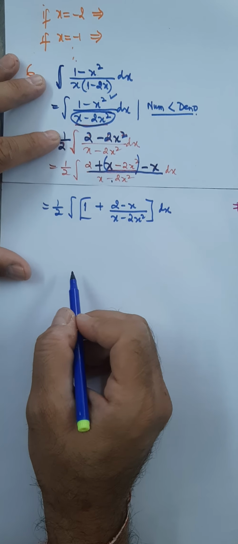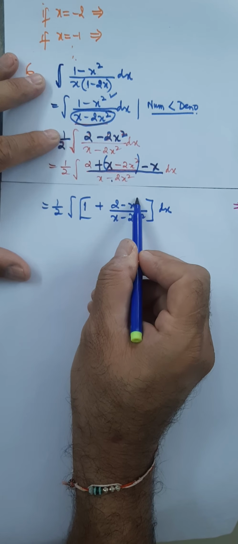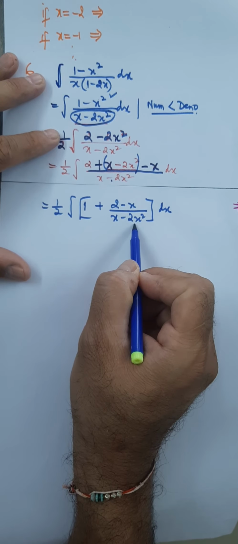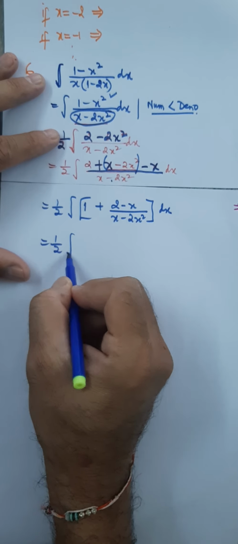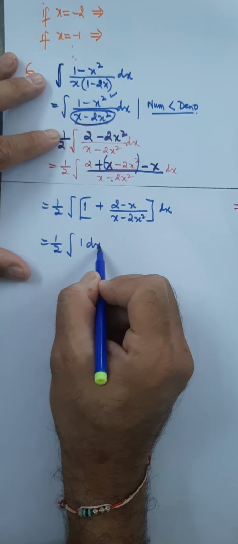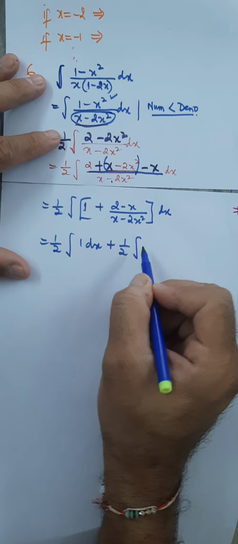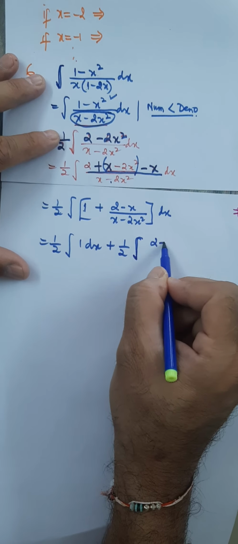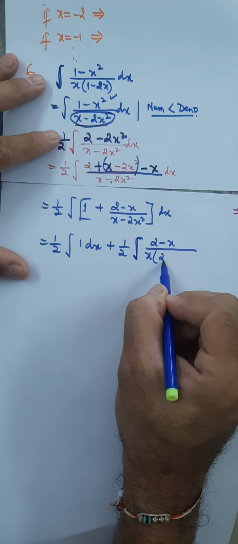See what you did now? Now this can be integrated very easily. What about this? You see the power of this is less than this, so for this you can use the partial fraction method. So the next step is the integral of 1 plus this, half is already there outside. Now this is 2 minus x as it is upon, I'll take x common. So 2 minus x.